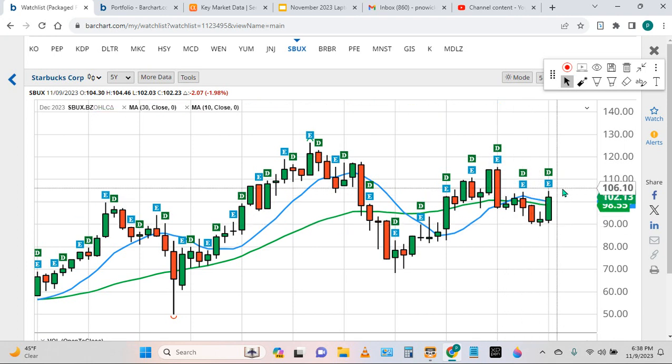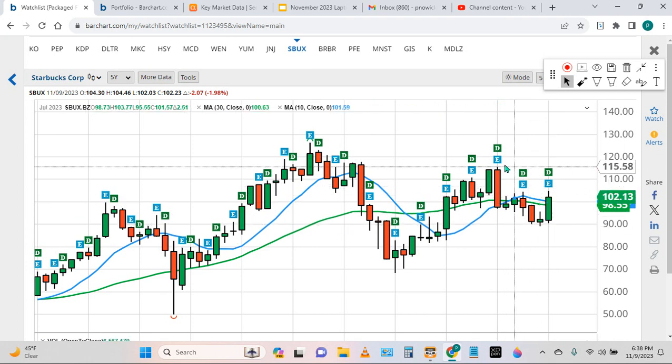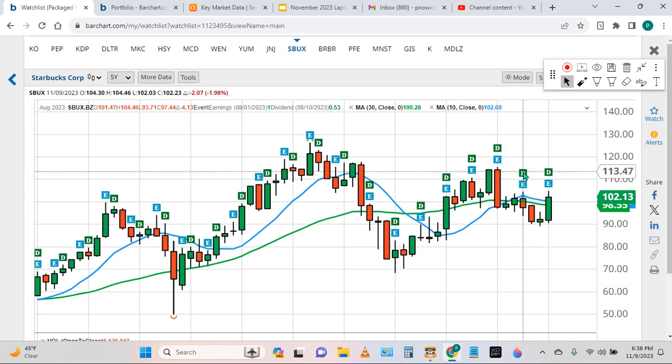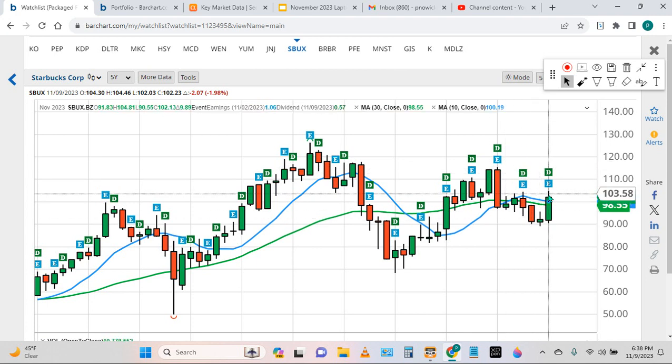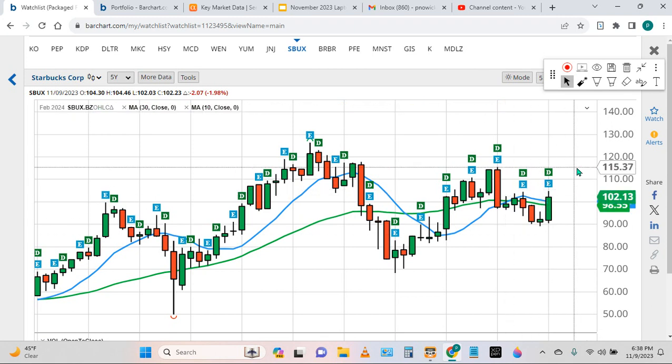If this continues, it could retrace back towards the 115, 116 area. I would need more evidence, like trading over this bar. Then I'd say, yeah, Starbucks is one to get involved in going into the second half of November and December.